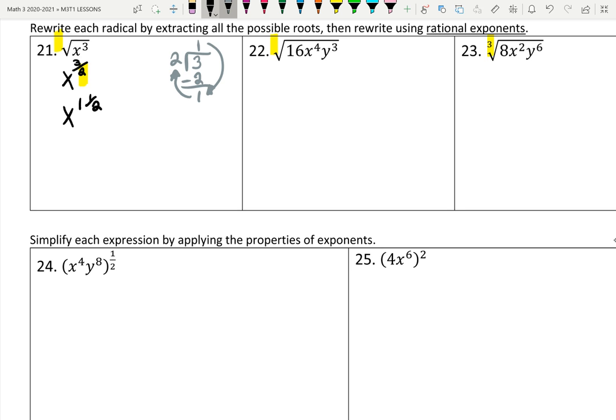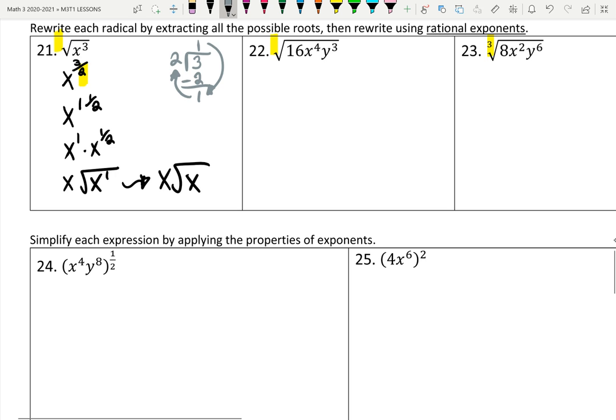To finish this, I'm going to split it up. It's going to be x to the 1 times x to the 1/2. Then I'm going to drop the x and turn that into a radical. It is going to be x times the square root of x. Remember, with an exponent of 1 or an index of 2, you do not need to write it out.